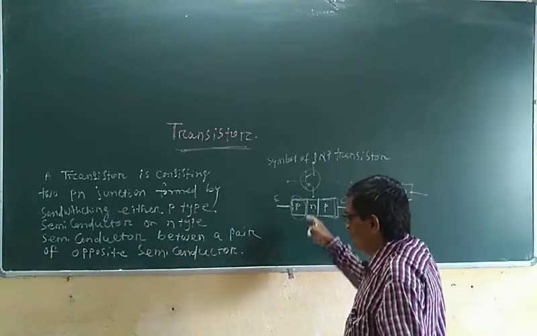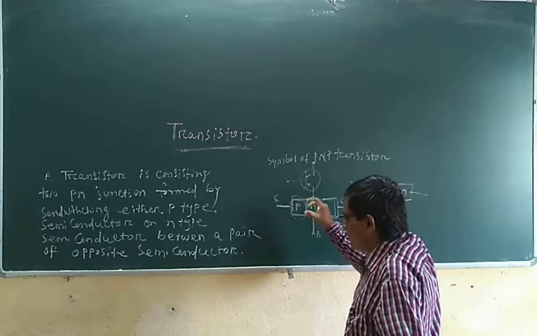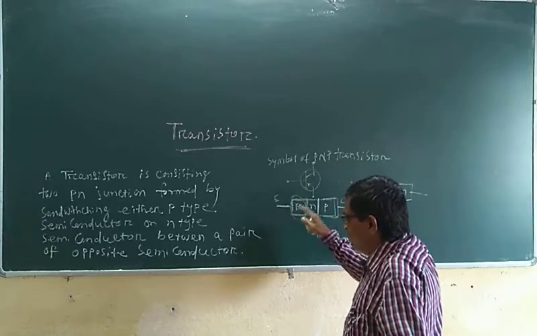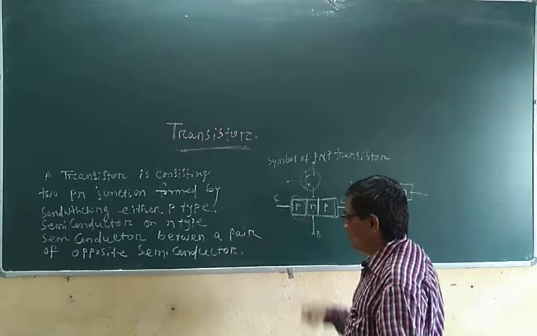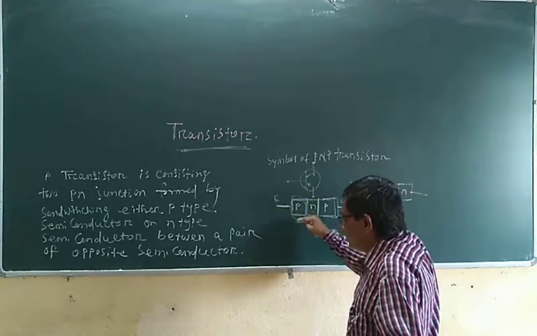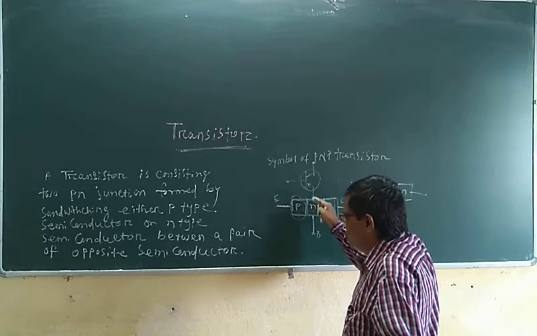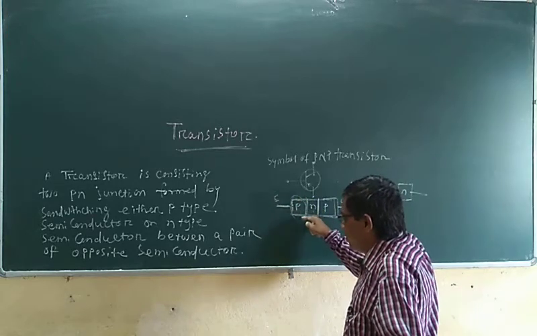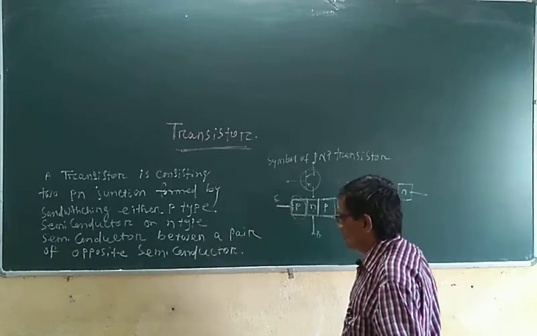Because of excess charge particles doped here, the excess electrons are emitted by this section. So, due to emission of electrons, the terminal is named as emitter.